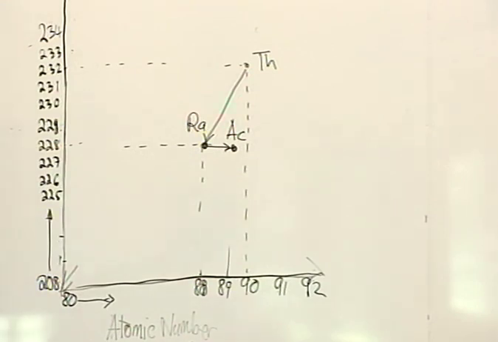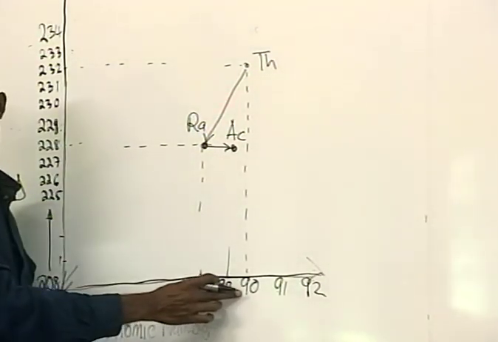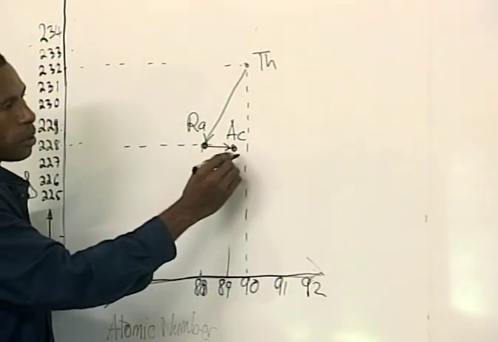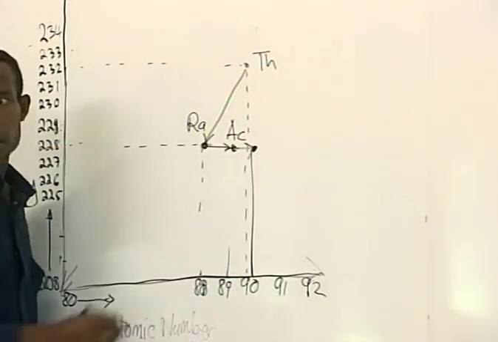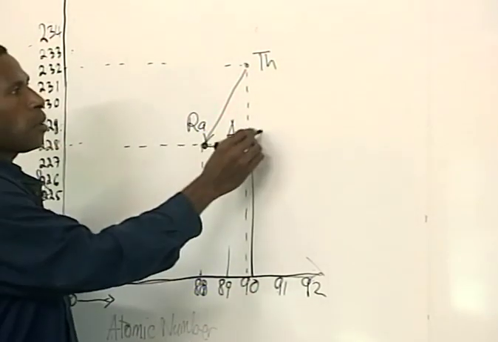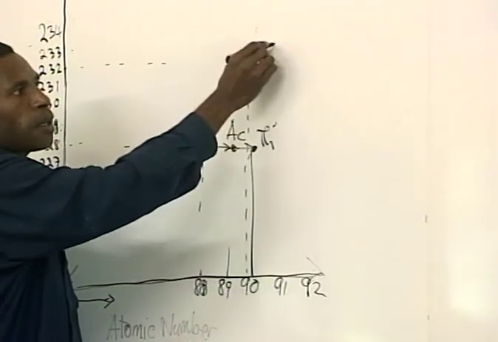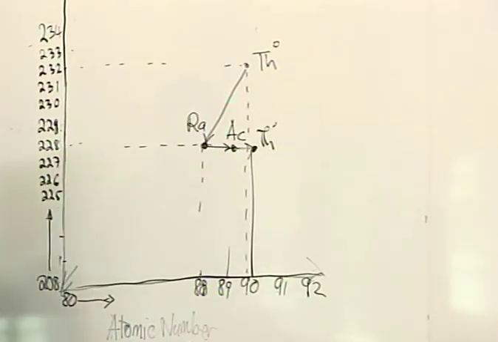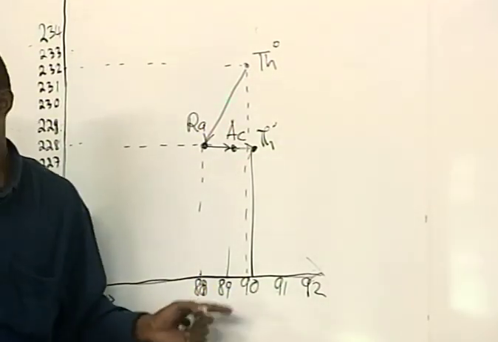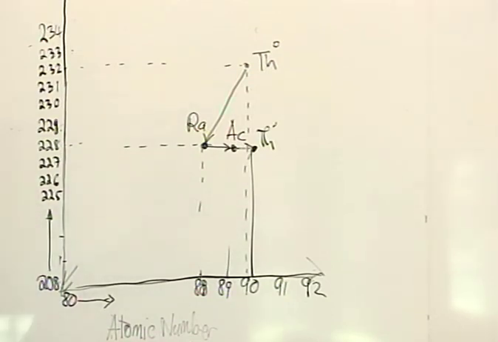From that actinium, it gives beta decay again, so it increases by 1 to 90, that is thorium. You find there is also another isotope of thorium. You can go through the rest of this decay series and plot in the points and come up with your graph.